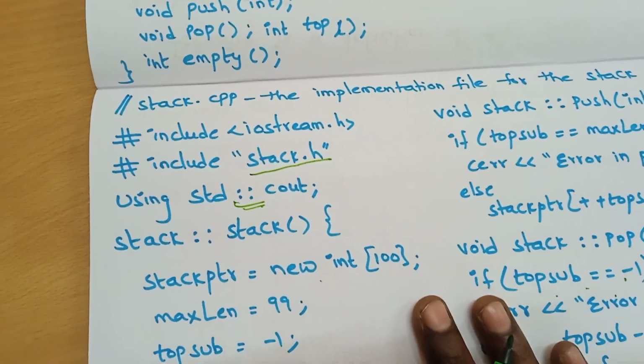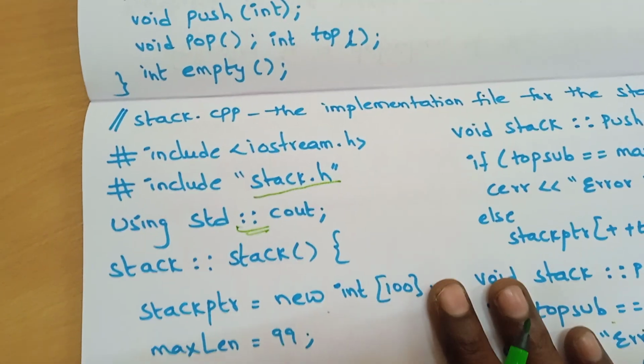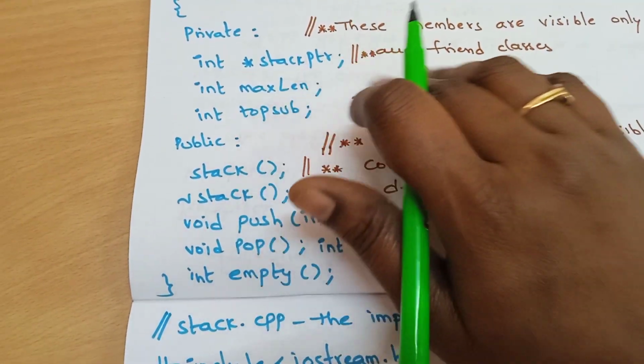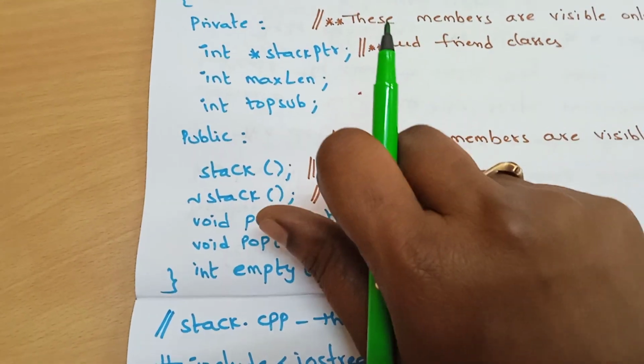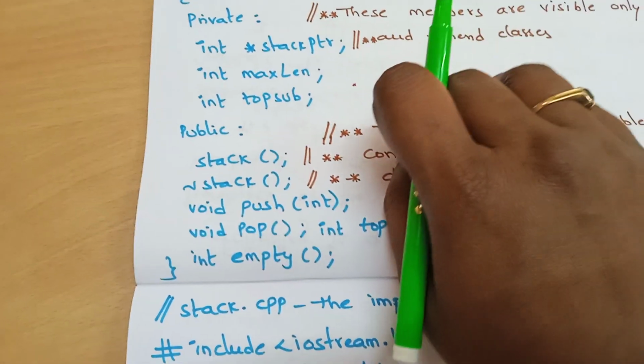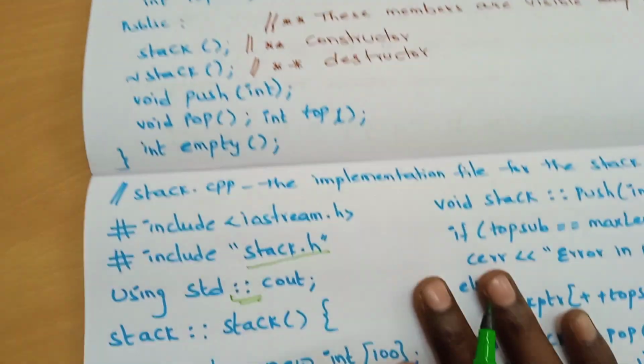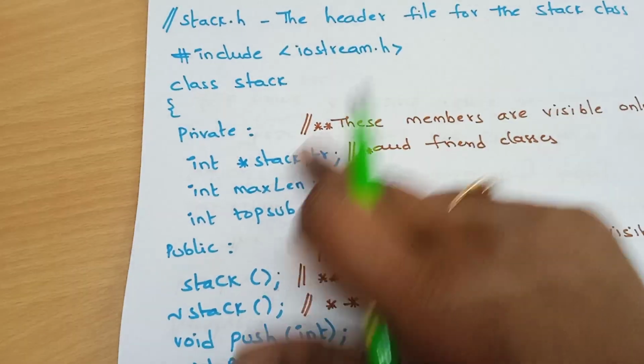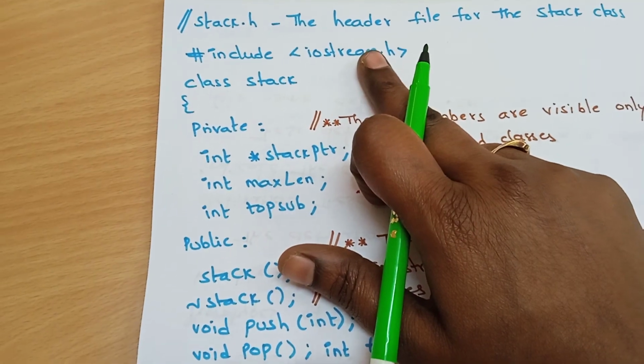Now I am taking the other program. This is the stack prototype. The definition I defined over here is a stack definition with only prototypes of the member functions. Now this will be used over here. This entire code is stored in the stack.h file.